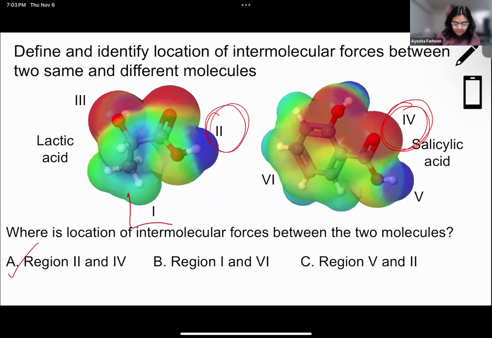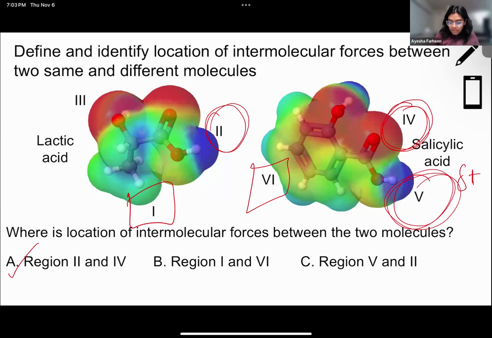Region 1 is here, region 6 is here, and green, so not blue, not really red. So we can't really judge at this point, right? Region 5 is blue, which means partial positive, and region 2 is also blue, which also means partial positive. So a good candidate for us.